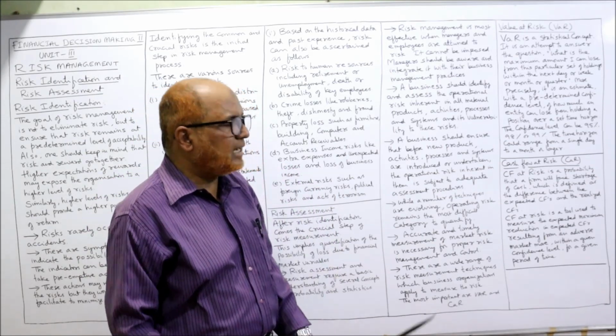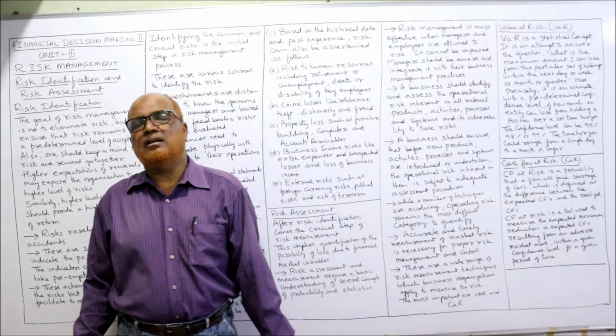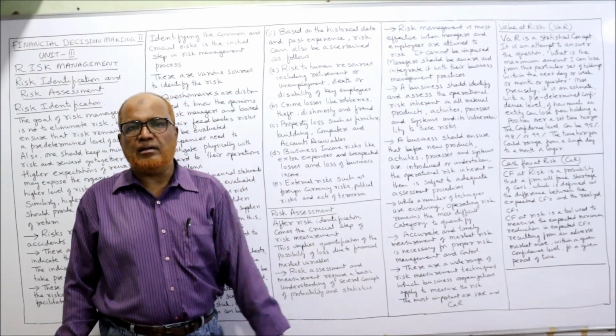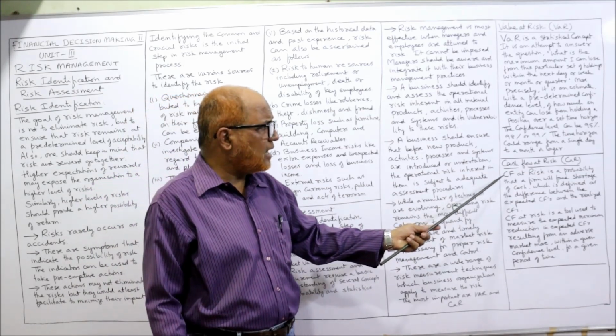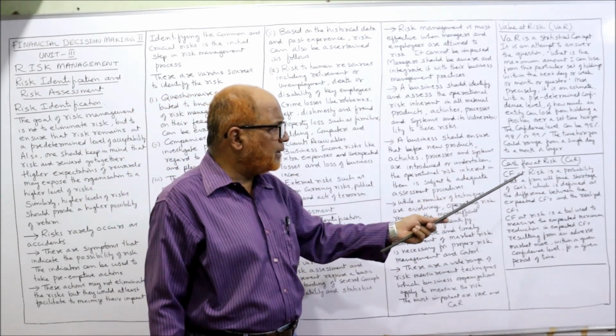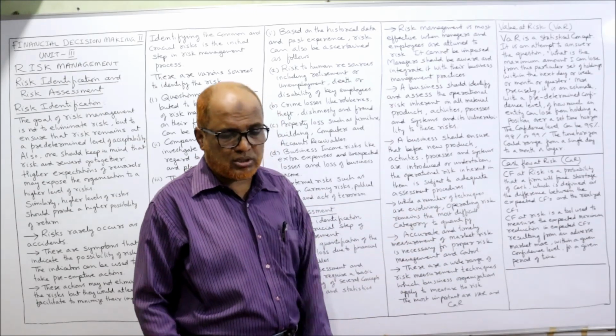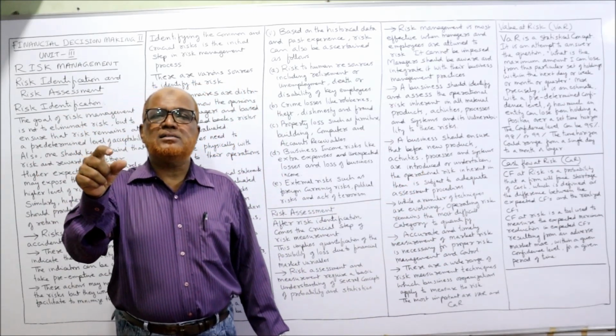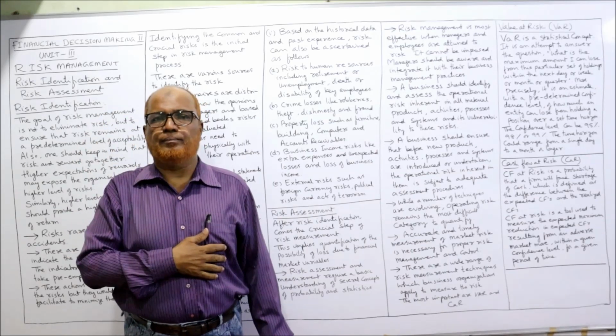Now the next one is CAR. This is another technique of measuring risk. Cash flow at risk. So CAR, cash flow at risk, is the probability that the firm will face a cash shortage. Like VAR. VAR says what is the maximum loss we may incur.